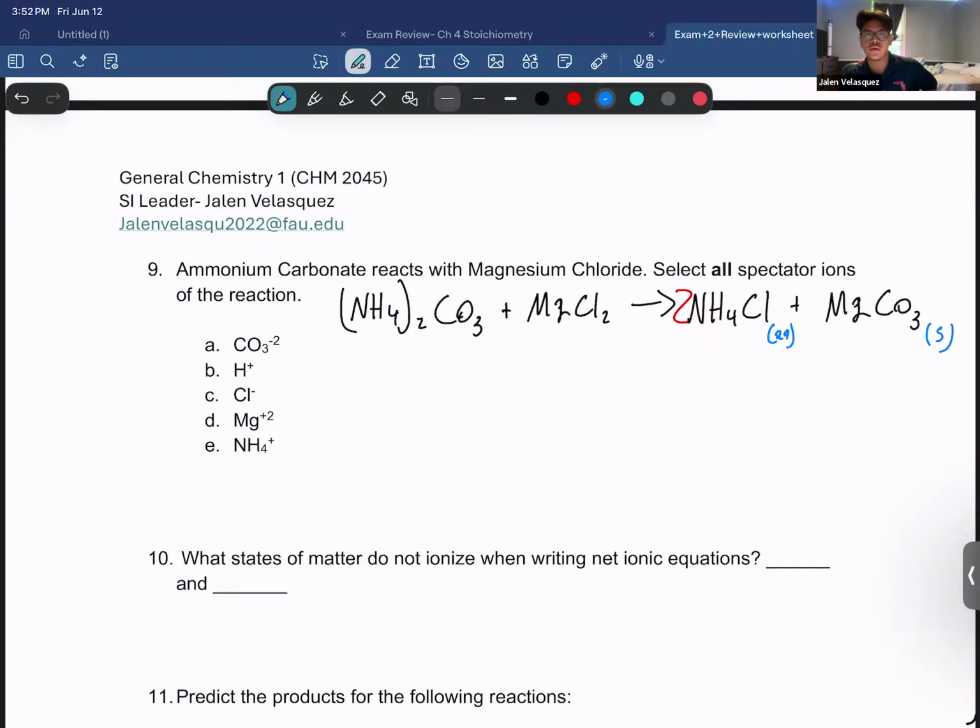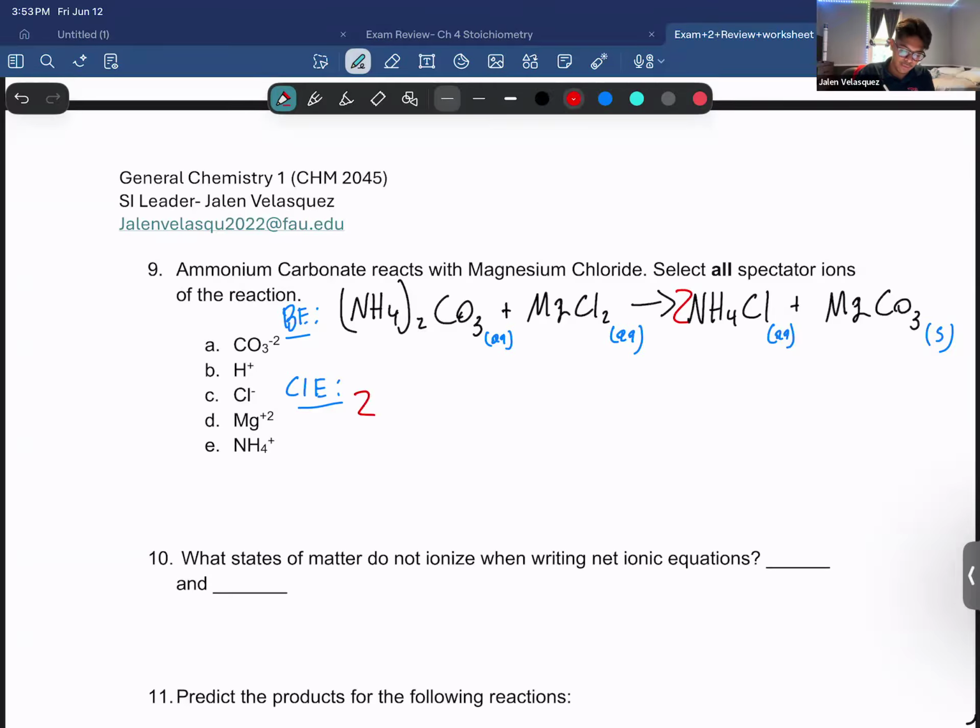Okay, and now we can proceed with writing the complete ionic equation. So this was the first step here of the balanced equation. So now we go into the complete ionic equation, where again we're going to ionize all of the aqueous species. And remember that the reactants are aqueous, right? So we go ahead, we ionize all of our aqueous species.